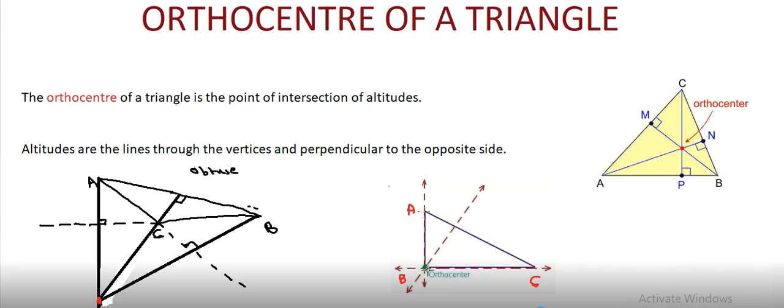So here the perpendicular line from A to BC is AB, right? So this is the altitude from A to BC.